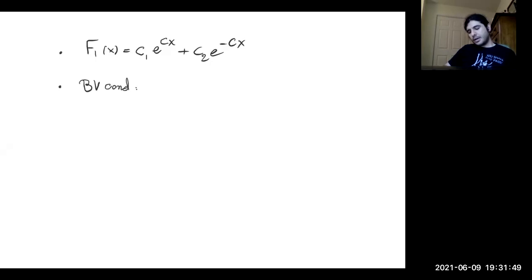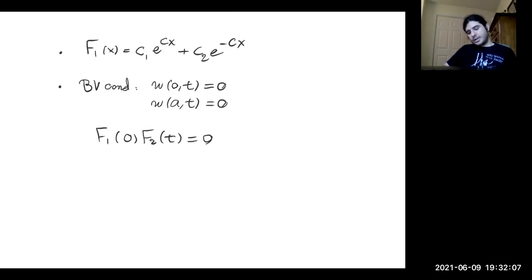So we had w of 0 and t should be equal to 0, and w of a and t should be equal to 0. Because w is equal to f1 times f2, it means f1 at 0 times f2 at t should be equal to 0, and the other condition would be f1 at a times f2 at t should be equal to 0.